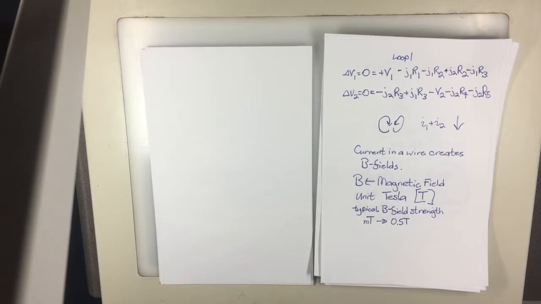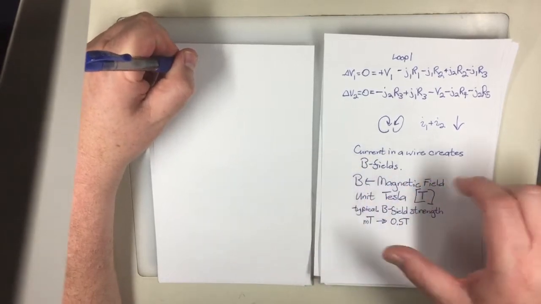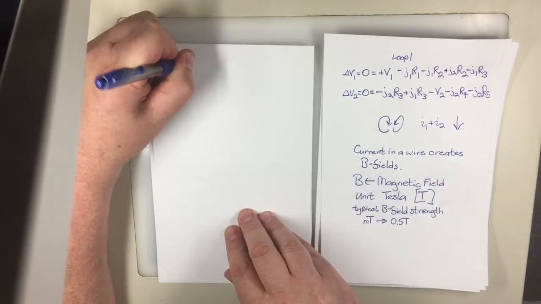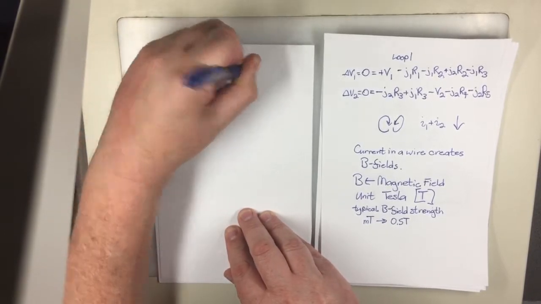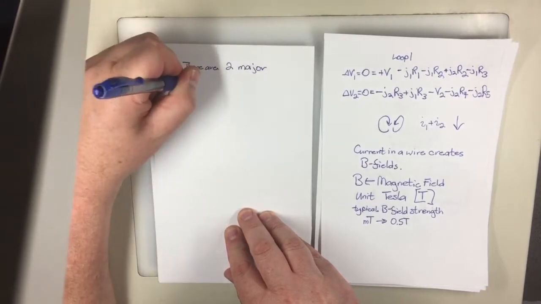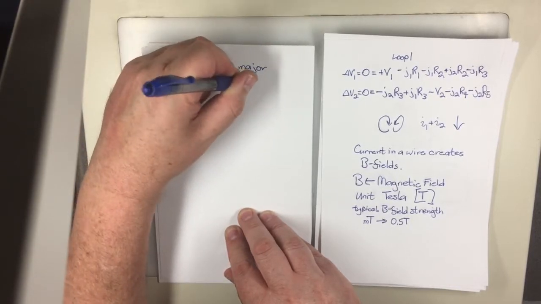What we're going to look at is how to do problem 8 and 5. And that is, current in a wire creates magnetic field. There are 2 major classes of wire.